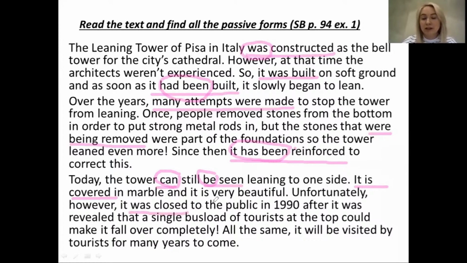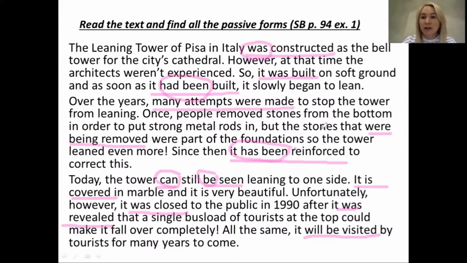"Was closed", again, past simple passive. "Was revealed" is also past simple passive. And the last one, "will be visited". It is future simple passive.